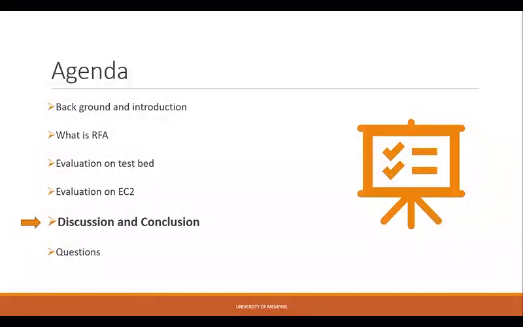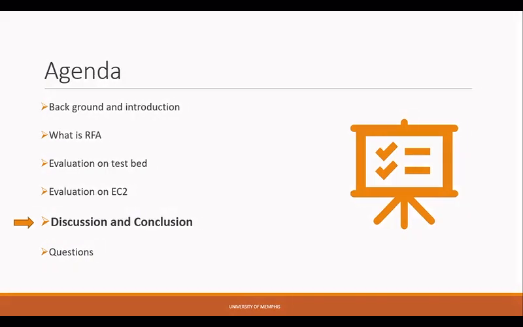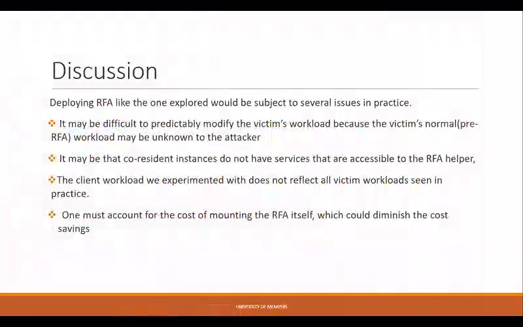So now we will go to the discussion and conclusion. Although we're able to implement this RFA in a real environment like Amazon, there are some challenges we still need to work on. For example, it may be difficult to predictably modify the victim workload because the victim's normal workload may be unknown to the attacker.